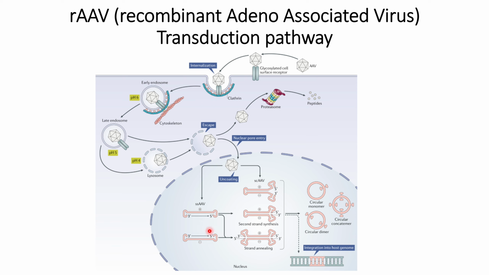either the DNA polymerase of the host cells will form the complementary part of this single strand genome that comes through this adeno-associated virus, or the nucleus has the opposite or complementary strand on its own.